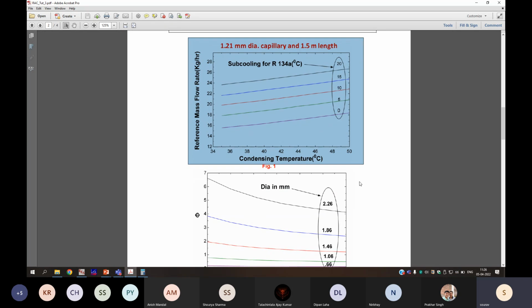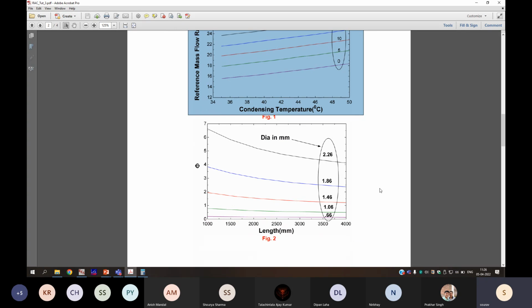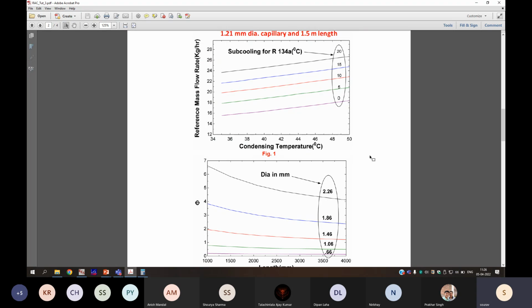So what ES gives you is this entire chart. And now you use this chart in the field to back calculate the diameter and length. What I had shown in the class was how to get these values, and what I did was just one data point. Inlet condition was, I think, 40, 45 saturated, and some mass flow rate I had chosen for a particular refrigerant.